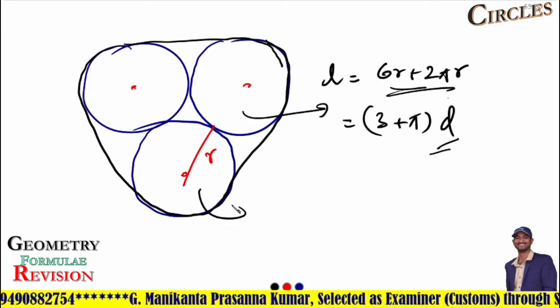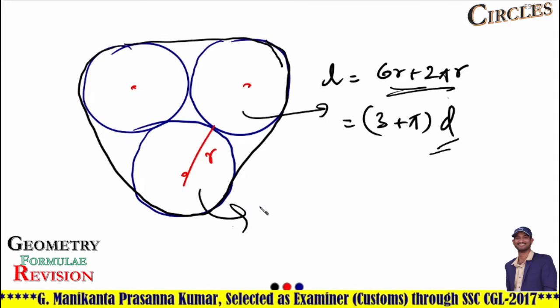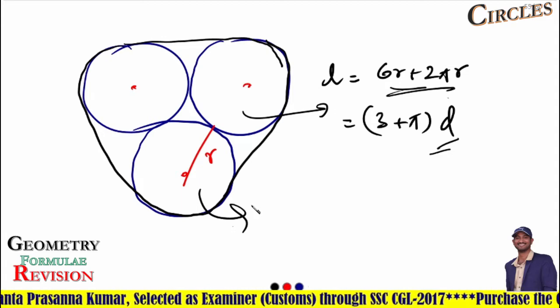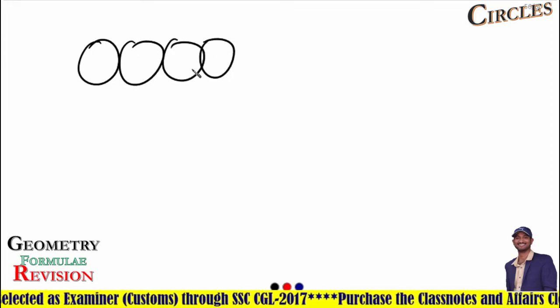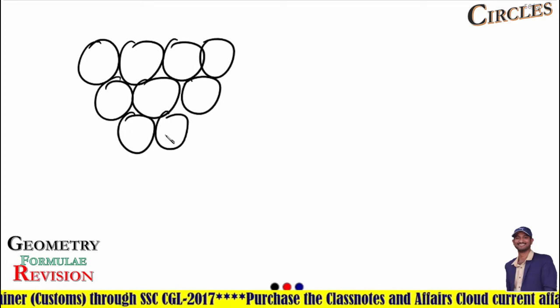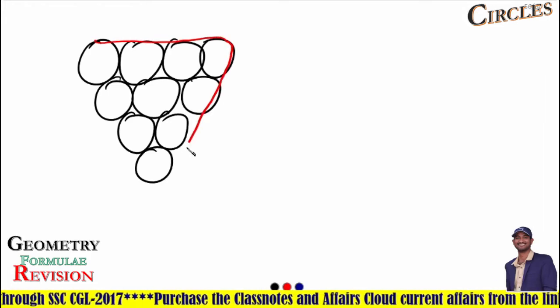If there are n circles, n means the number of circles which are bounded by the rubber band. Suppose I draw a figure like this: 1, 2, 3, 4, 1, 2, 3, 1, 2 and 1. Now the rubber band bounds all these circles.